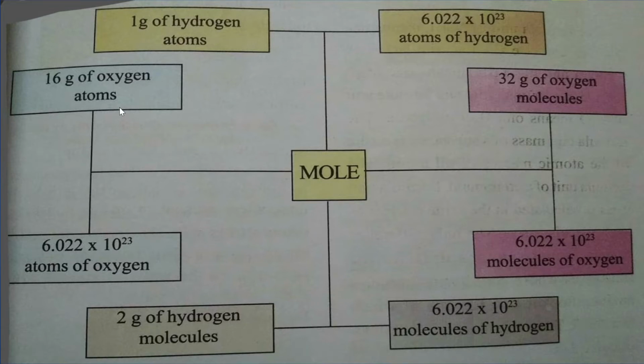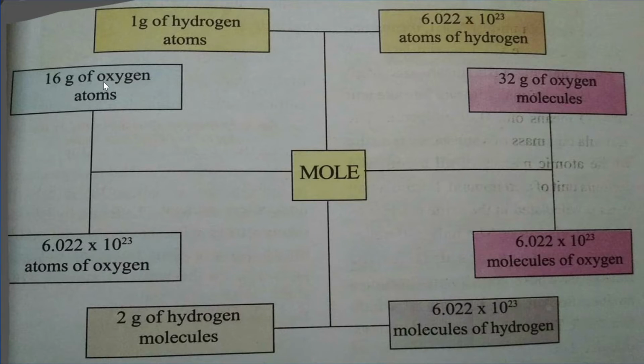Similarly, 16 grams of oxygen atom. Here again we are considering only O. We are not considering O2. We are taking oxygen atom. So oxygen atom is represented by the letter O, whereas oxygen molecule is represented by the formula O2. So atomic weight of oxygen we know is 16 grams.